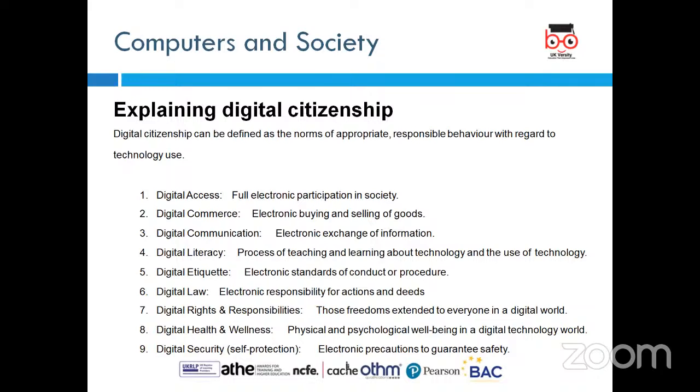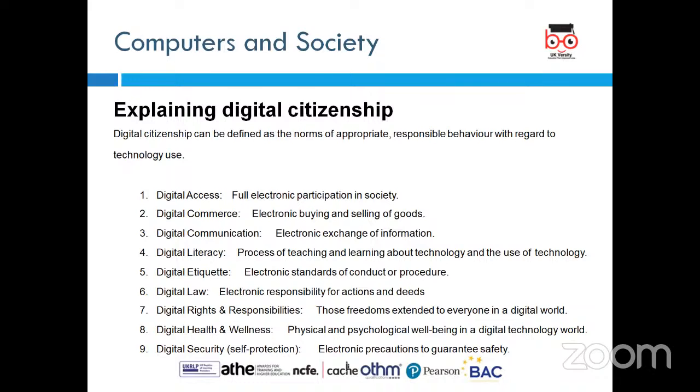So we need to understand that there are different types of citizenship. We can look into digital access, for example where permission is not allowed to everyone and is restricted. Then we have digital commerce, where electronically we can buy and sell goods.